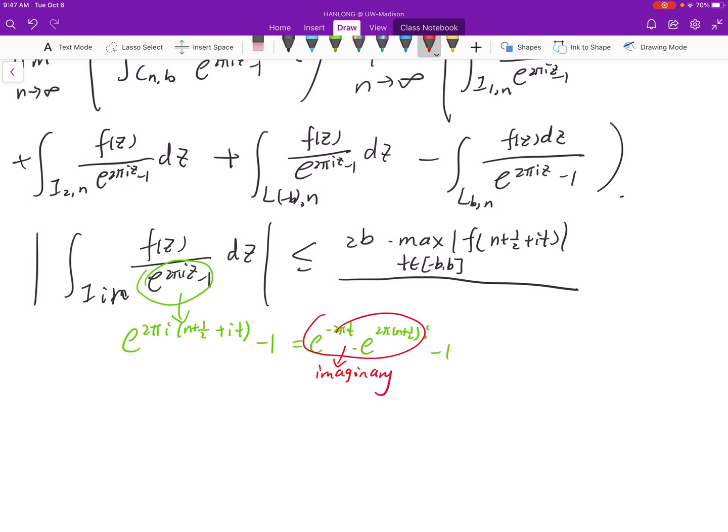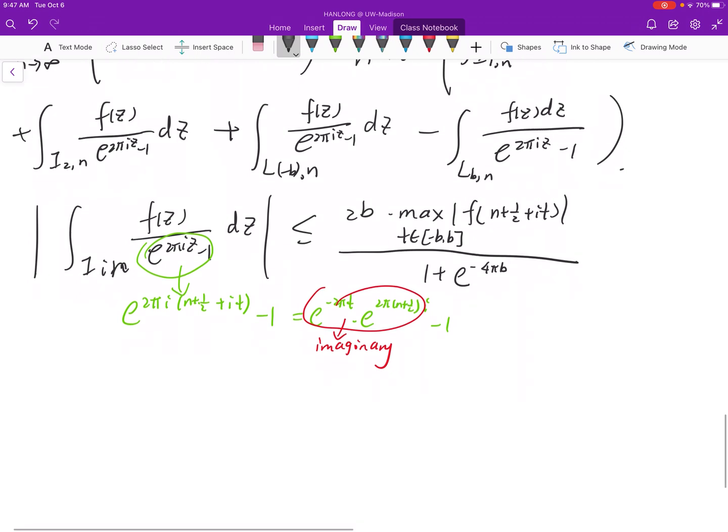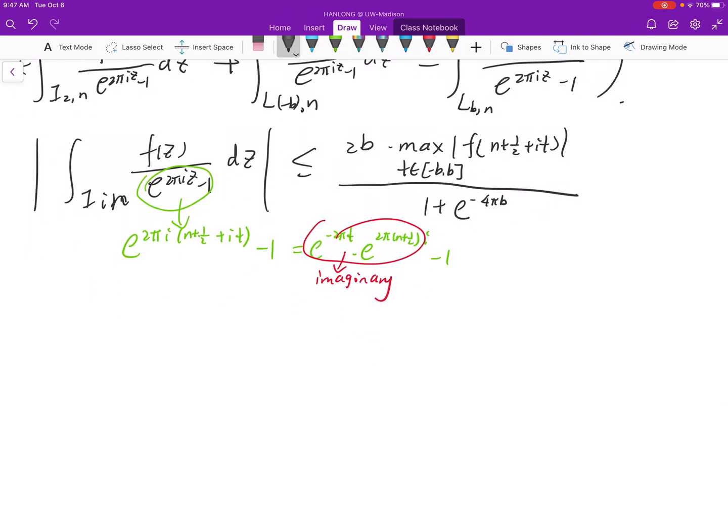Therefore, the absolute value of this will be less than or equal to 1 plus exponential negative 2 pi b, anyhow it's a constant.